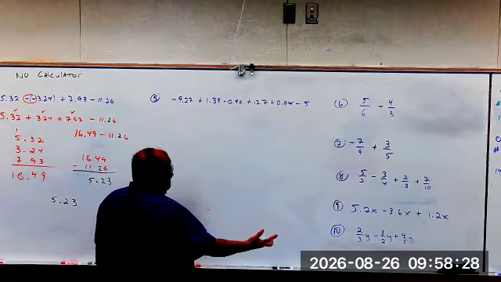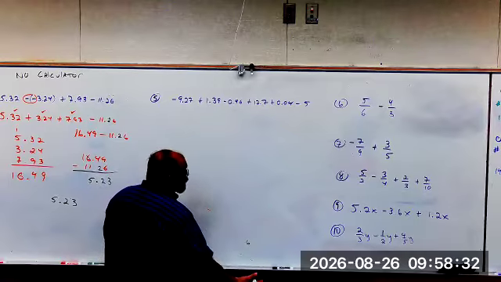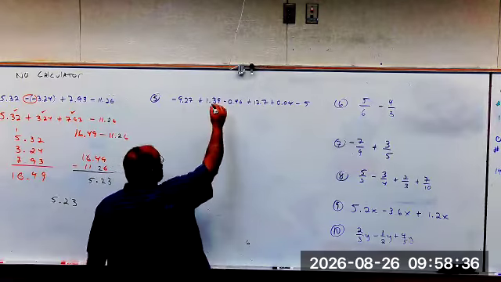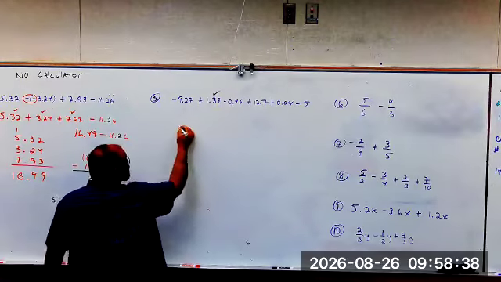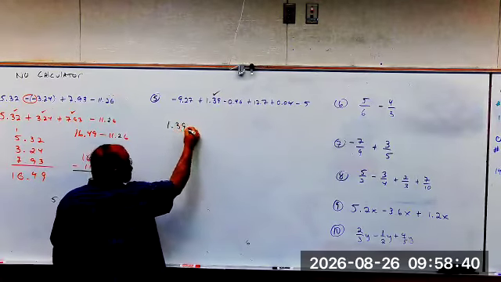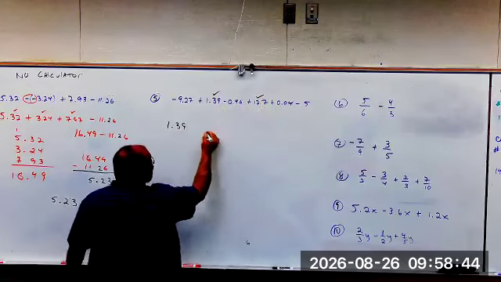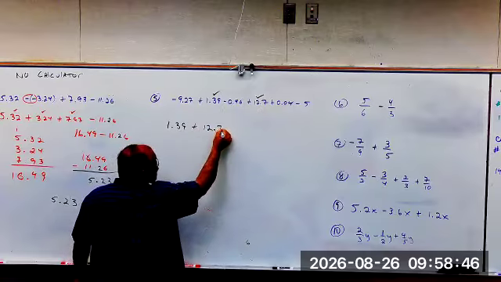If you want to take the problem and rearrange it so you have all the positives first and then all the negatives, just make sure you check them off. That's a positive 1.39. The next positive I see is this one, 12.7.